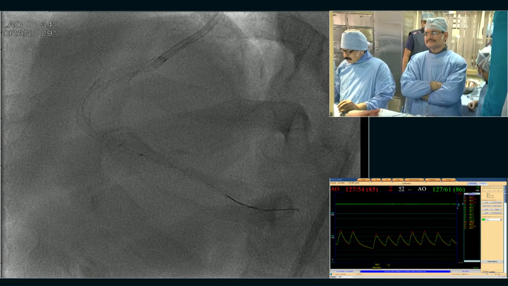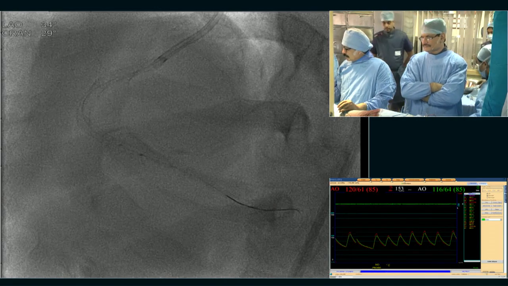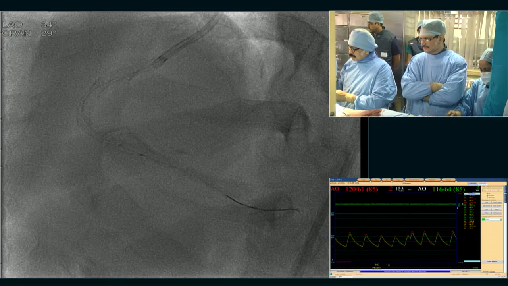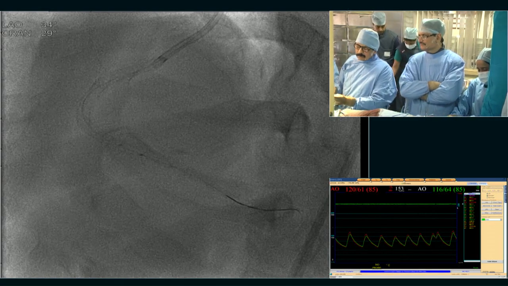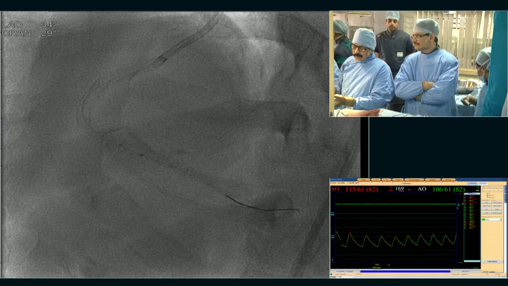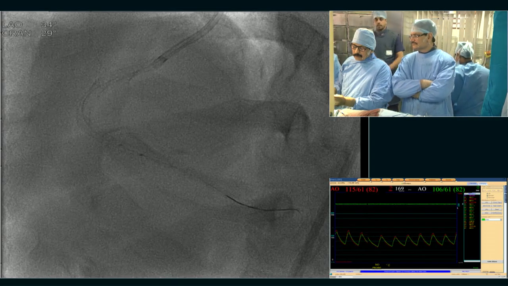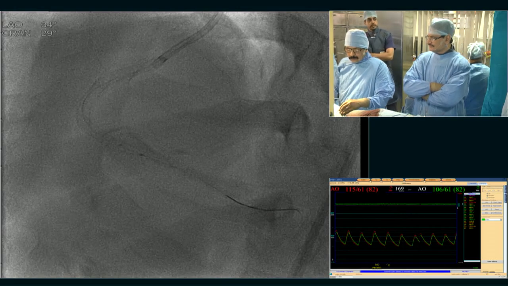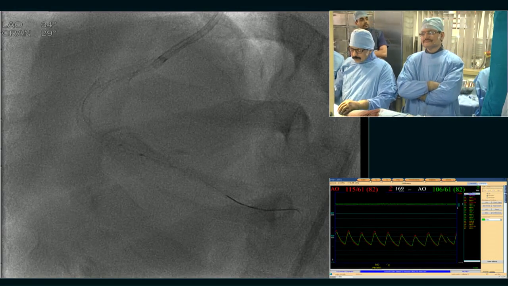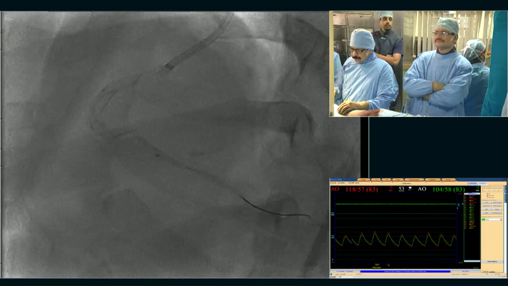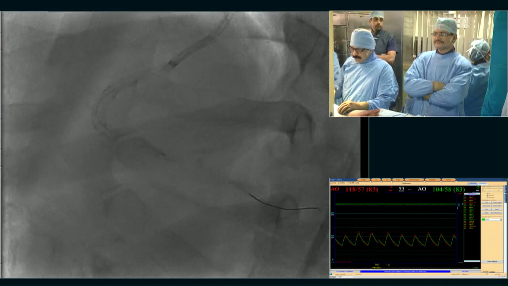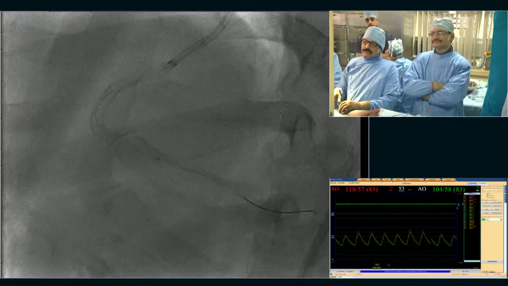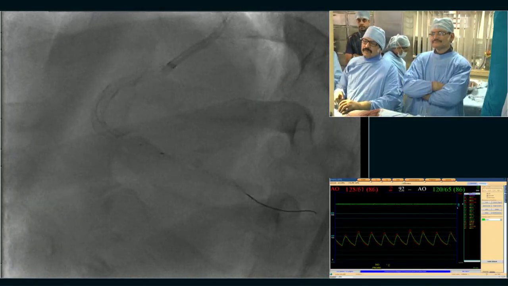The Cyan family is untapered, and with an untapered wire it is very difficult to cross two struts. First, the choice should be a tapered wire, like the XT or even a Gaia. Second, we should choose a hydrophilic tipped wire. The one I took is a Whisper, which is hydrophilic.